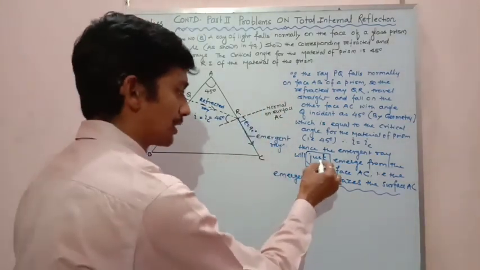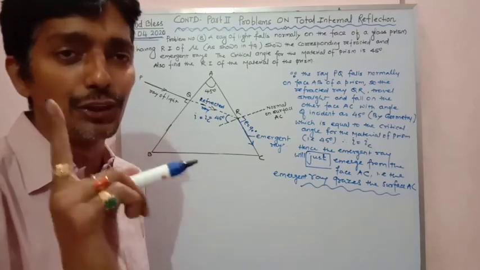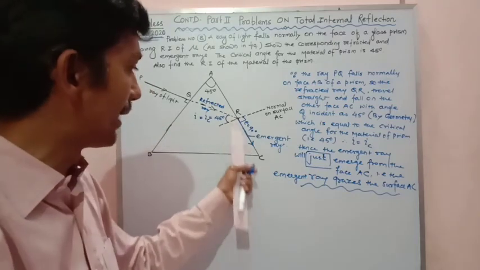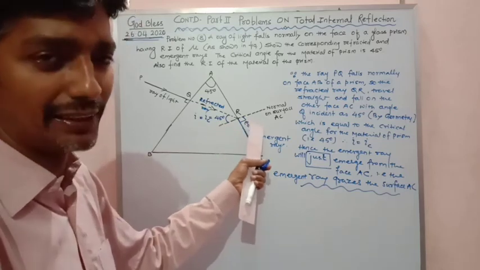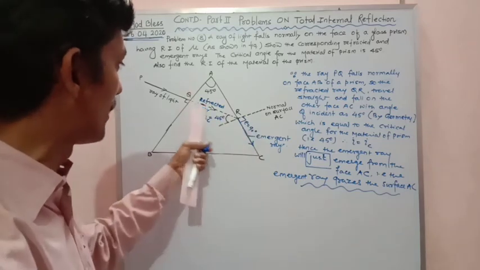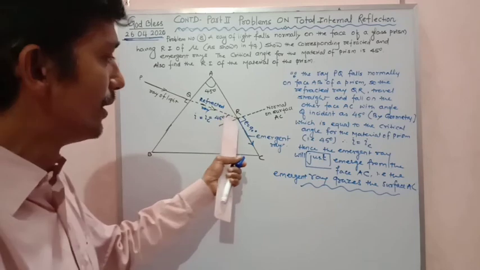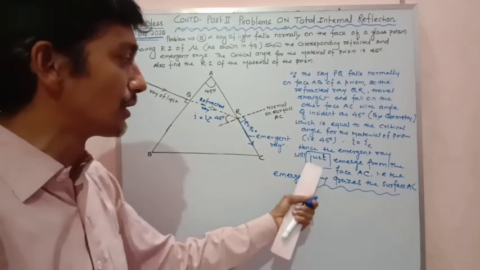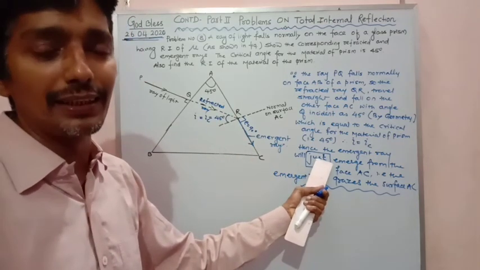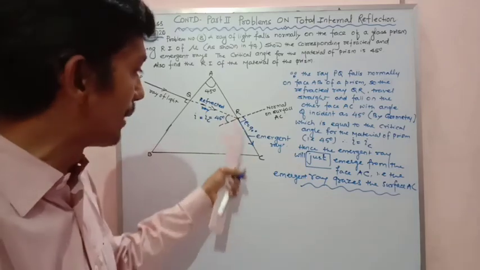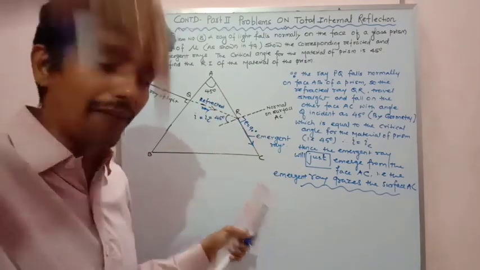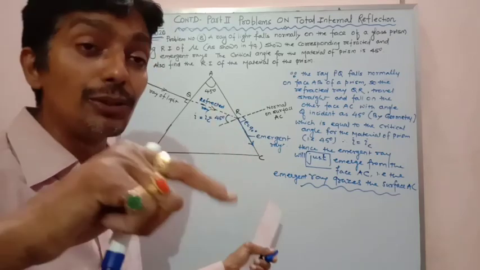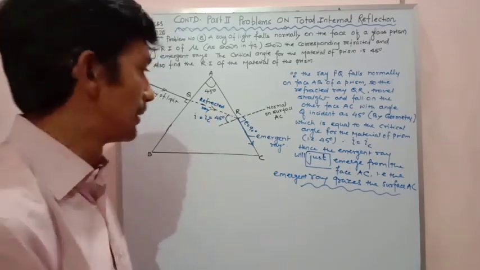This word just is very important. Whenever there is the word just, it means the emergent ray, which you call emergent or refracted also, because this is the second refraction on this surface, this is the first refraction on this surface. So this emergent ray just emerges from the face AC. Just means the emergent angle is 90 degree. It is not going out. It is grazing on the surface itself. It stayed on the surface. That's called just emerge. I hope it is clear, my dear.